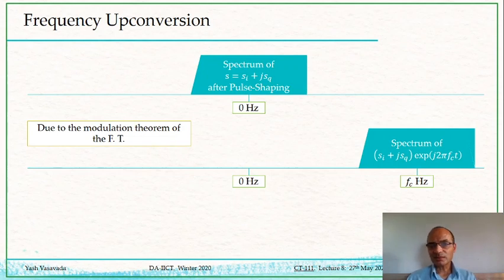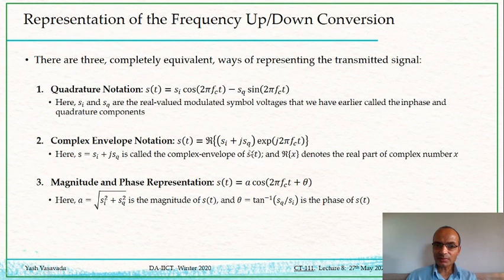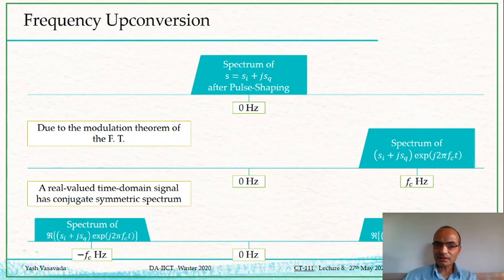Whichever shape the signal has on the positive frequency side, on the negative frequency side it will be a mirror symmetry. And so when I take the real part of this signal, as it is shown here, the effect is that I get a mirror image of the positive frequency axis at negative fc hertz.